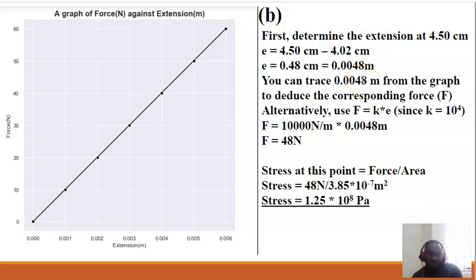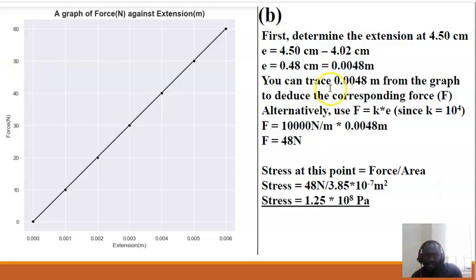Now we have to determine the force. There are two ways to determine the force. You can trace the graph. You can trace 0.0048, trace it up, and determine the corresponding value of the force from the graph.